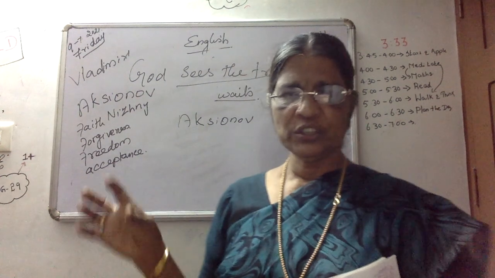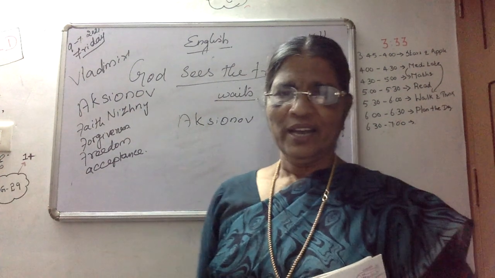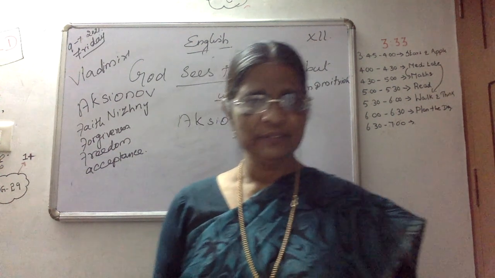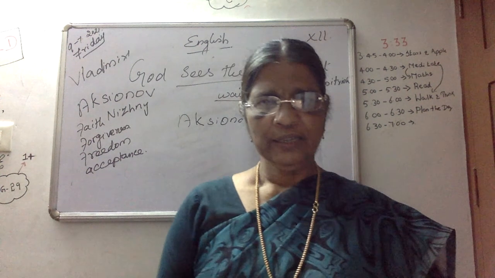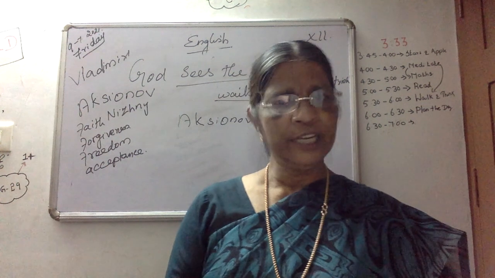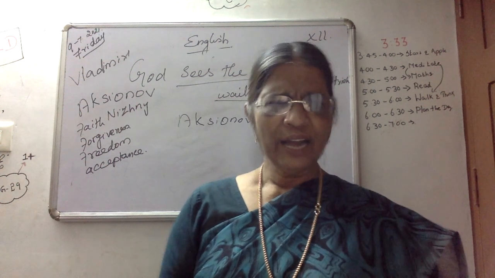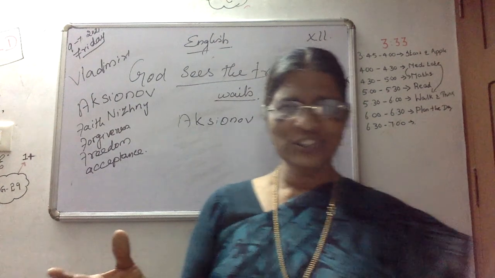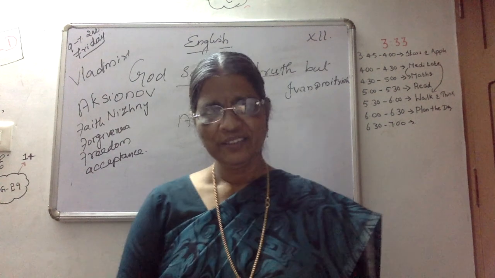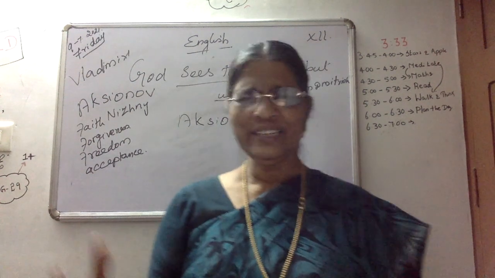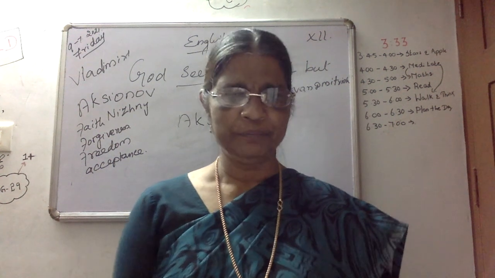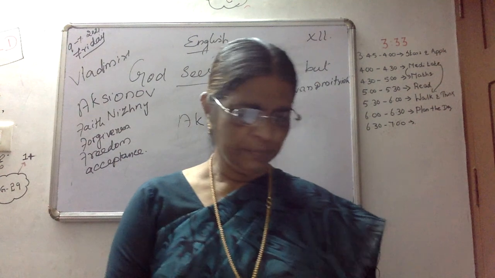Ivan Dmitrich Akshino. And after he got married and he has children, after becoming a family man, he gave up drinking. And occasionally, in some situation, very, very rarely, he used to drink and he will not be a problem to the neighbors.